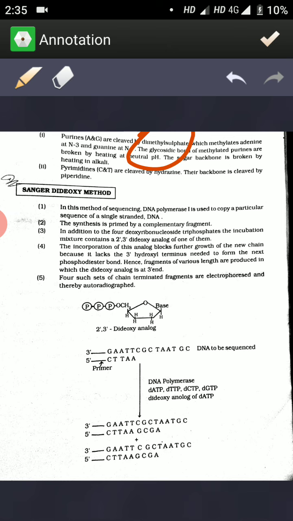The glycosidic bond of methylated purines is broken by heating at neutral pH. The sugar backbone is broken by heating in alkali. Now pyrimidines, that is cytosine and thymine, are cleaved by hydrazine. Their backbone is cleaved by piperidine.